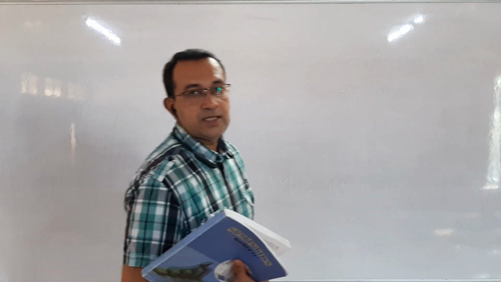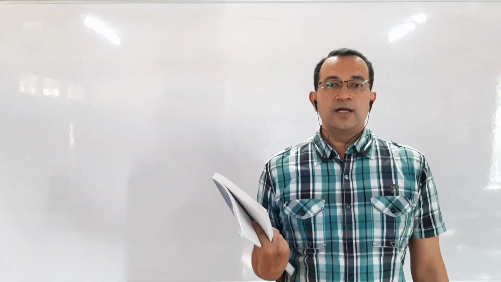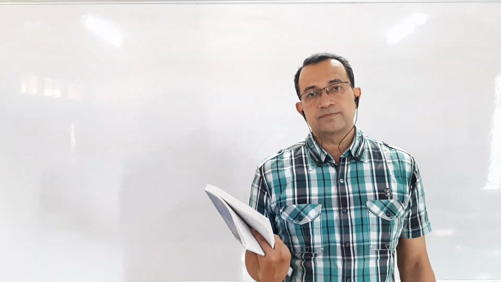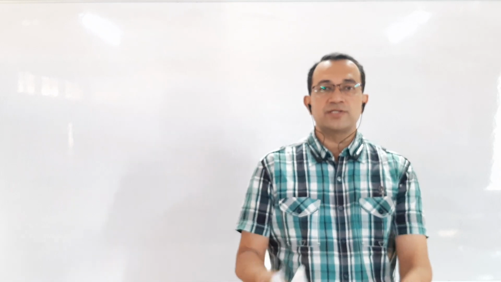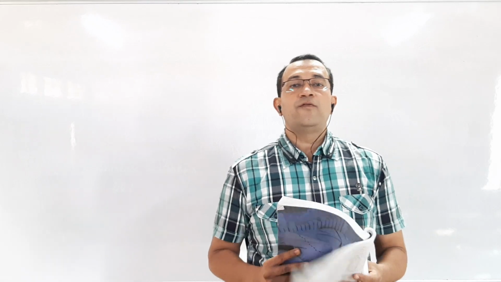Now, this completes almost our section E, students, except the last two sums, question 11 and 12. These two sums are basically of graph. Now, we have a sum of tabulation in section F, and that is sum number 5.